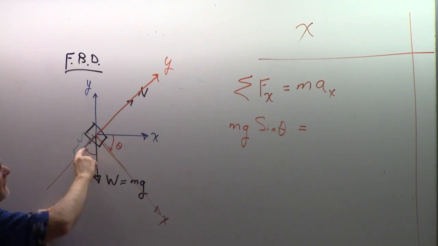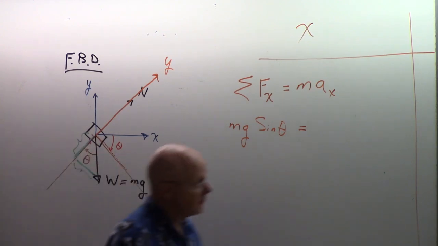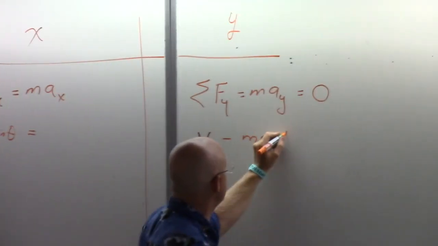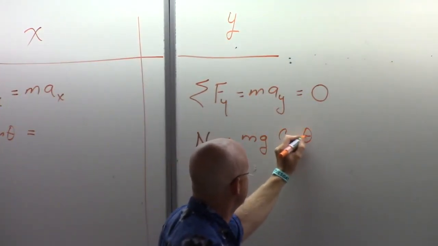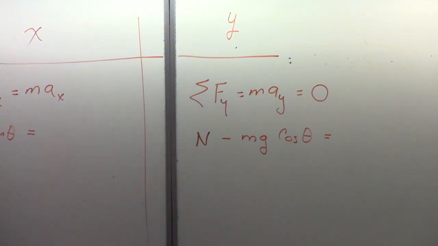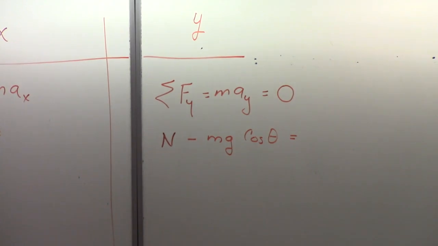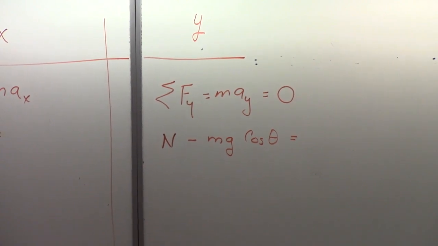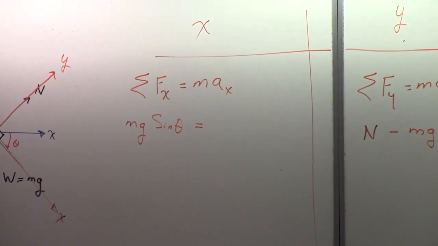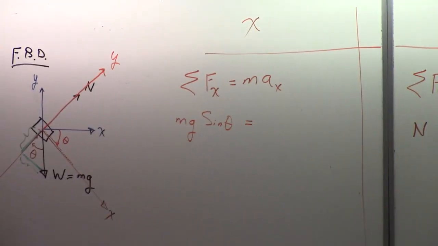Now, if I look at the y-axis, I could say this would be mg cosine theta. So let me say it again. This is step 3. I'm writing out the equations. And part of writing out these equations, of course, is picking what grid. So I picked this orange grid that was kind of tilted.